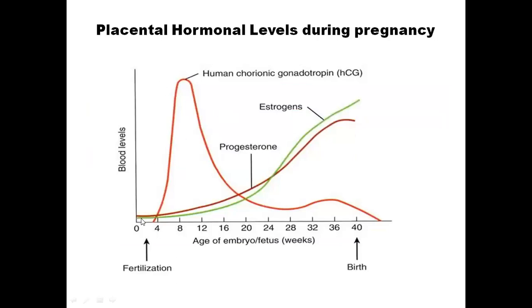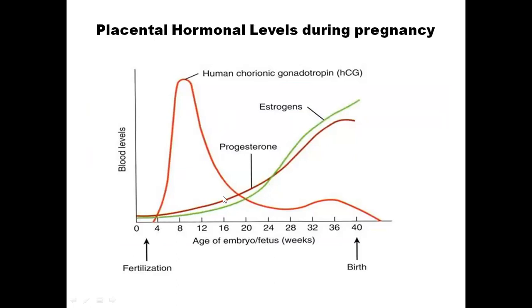And here we see that this is the curve showing the placental hormones during pregnancy. You see that the estrogen and progesterone start from the very basal level at first week of pregnancy. From the second week, there is a gradual rise.